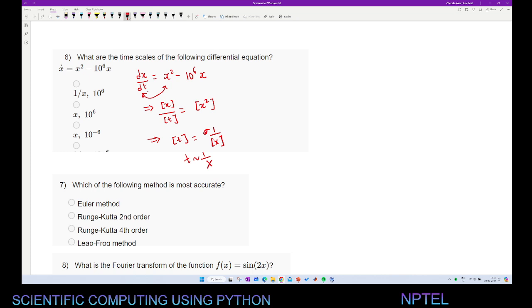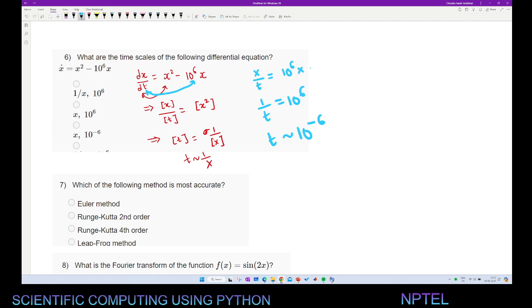Second one is when you compare the other two, these two. Now your x divided by t, I am dropping the dimension, is 10 raised to 6. Okay, so this x gets cancelled. 1 over t is 10 raised to 6, which means t is 10 raised to minus 6.